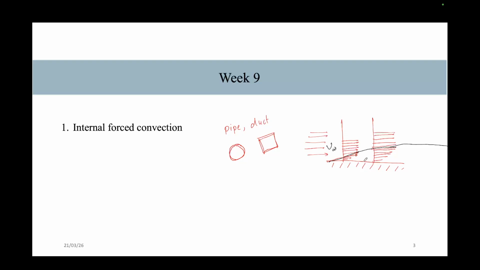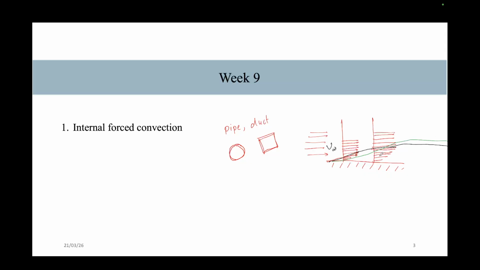Similarly, there is a concept of thermal boundary layer, right? In case of the thermal boundary, maybe say the thermal boundary is forming in this way also.